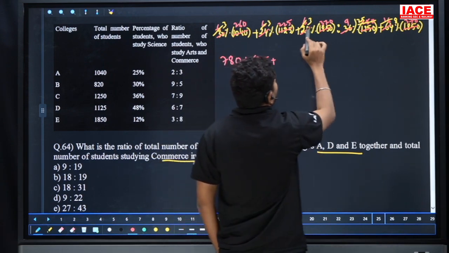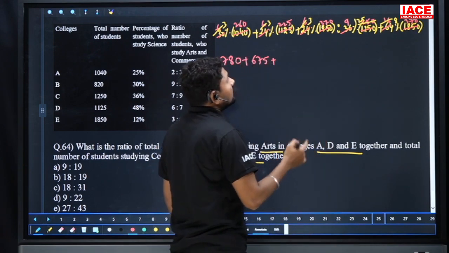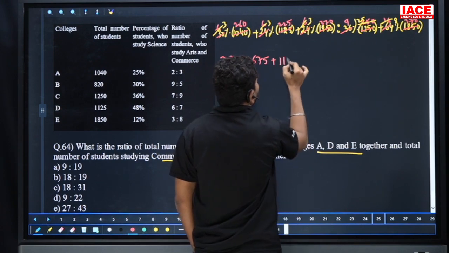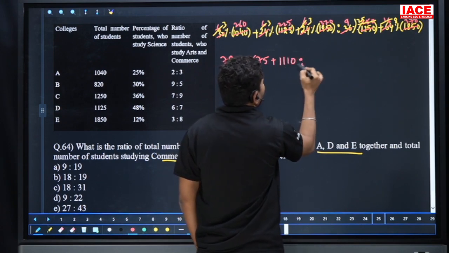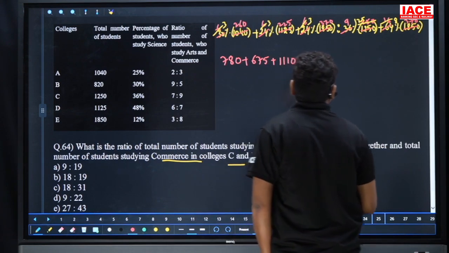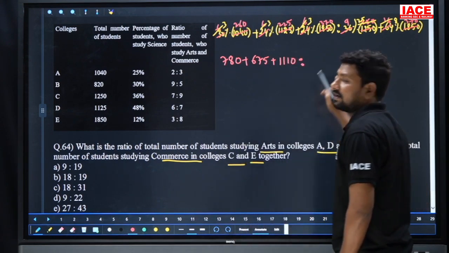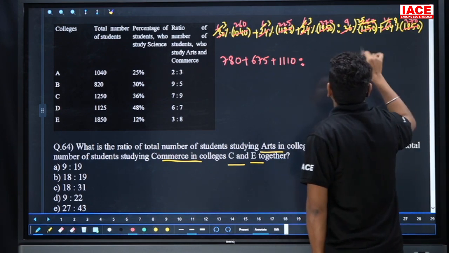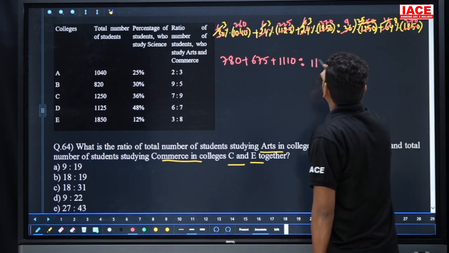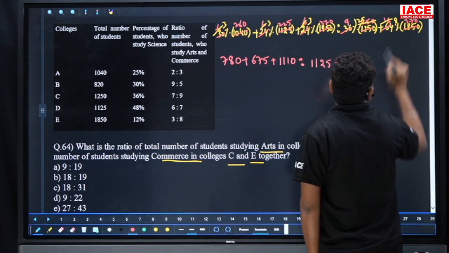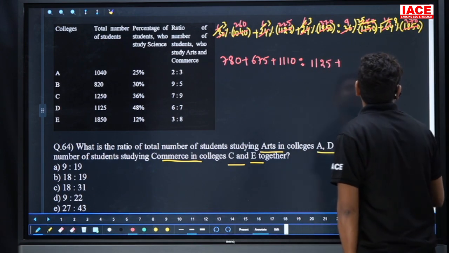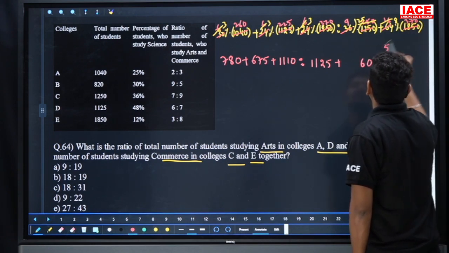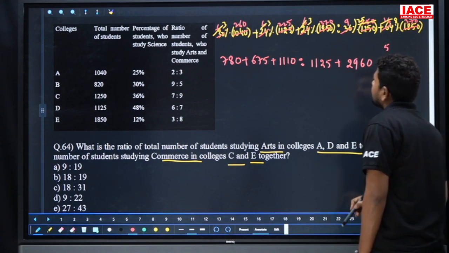So 3 into 370, 3 threes are 9, 900, 3 sevens are 21, 210 is added to 900, it becomes 1110, ratio to, here 9 into 125. 9 into 125 means 9 into 100, 900, 9 into 25 is equal to 225. 225 added to 900 is 1125, plus 8 into 370, multiply directly, 8 into 370, 8 into 0 is 0, 8 sevens are 56 and carry forward 5, 8 threes are 24, it is 2960.